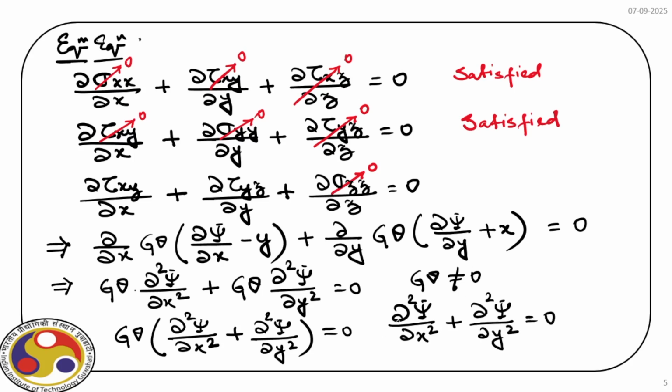So this is the first important expression. So as far as the warping function is concerned, the warping function must satisfy this equation. This is the Laplace equation. So the warping function, which is a function of x and y, must satisfy the Laplace equation within the cross section, within the domain.